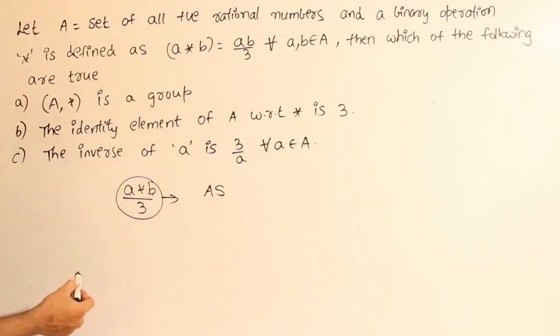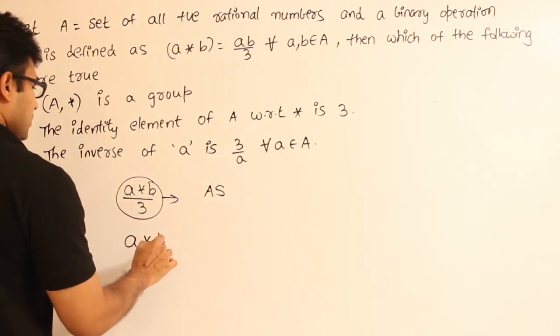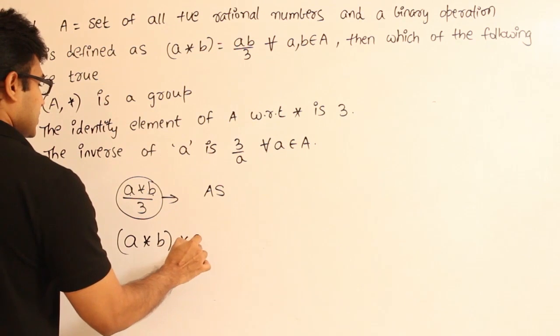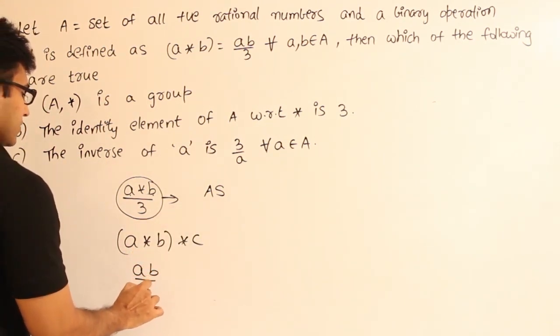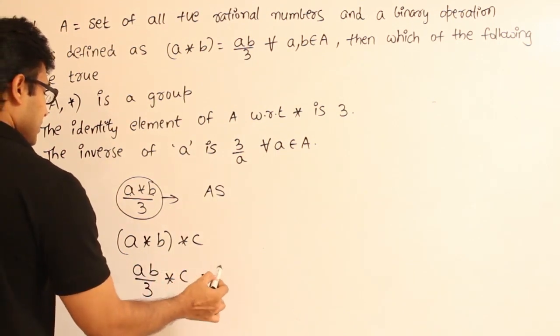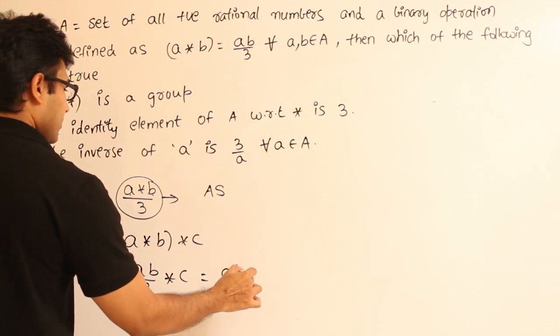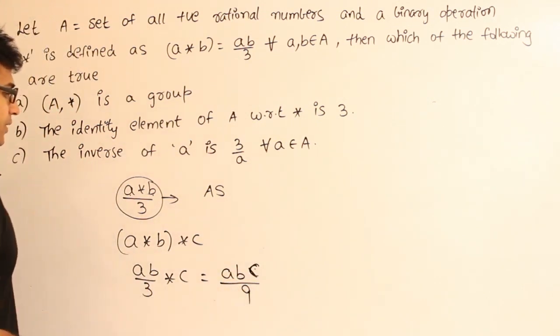Now let's see whether it is associative or not. What do you mean by associative? Let's find out what happens to (A star B) star C. It is nothing but (AB divided by 3) star C, which is nothing but ABC divided by 9, right?